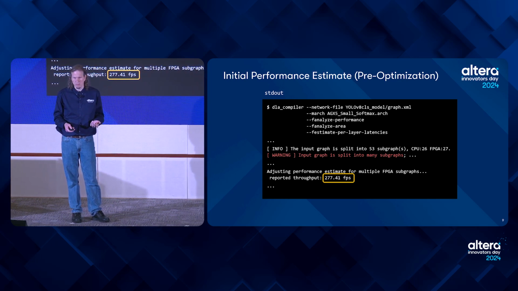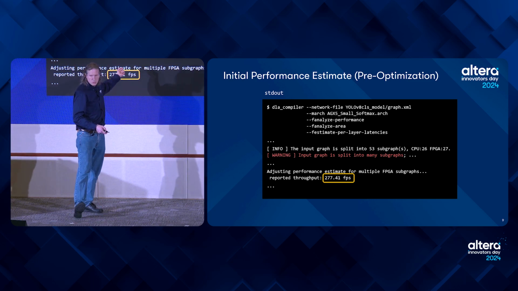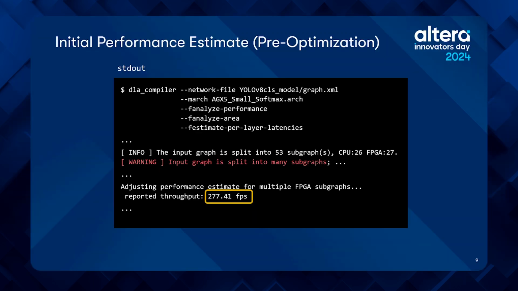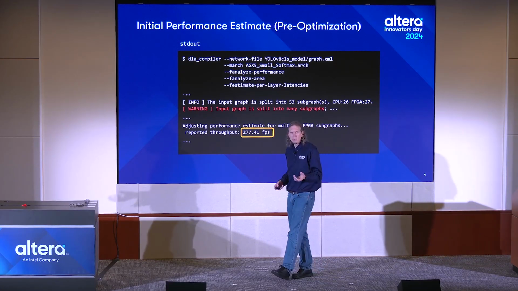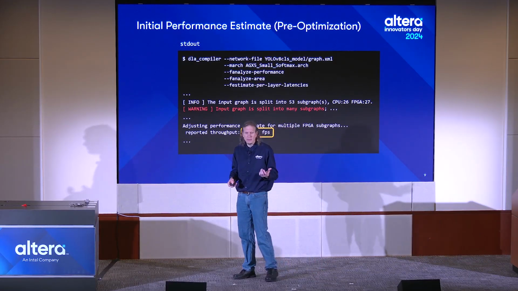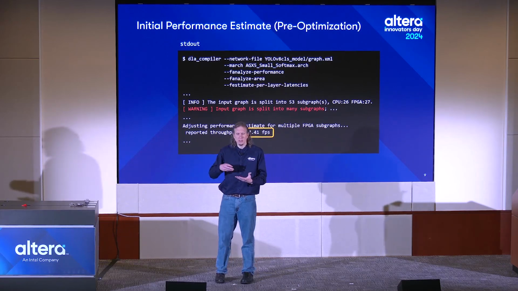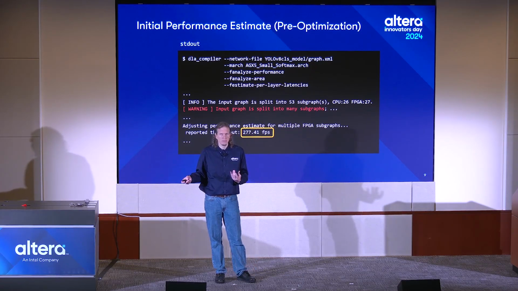Further up the output stream, we can see a warning that I've marked in red text, which says the input graph has been split into many subgraphs. Now, the AI Suite has the ability to split a graph into multiple subgraphs so that layers which are not presently supported by the IP can be executed on an optionally attached host.